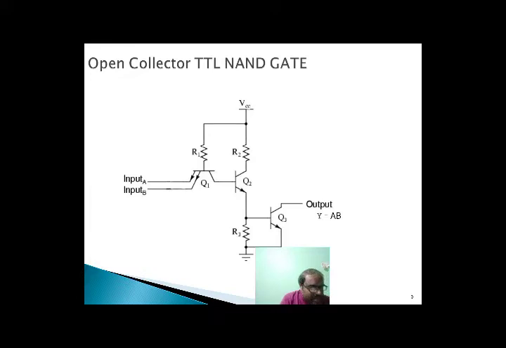As a result, Q3 is turned on. When Q3 is on, the output is connected near ground through the saturated transistor, resulting in a low output.